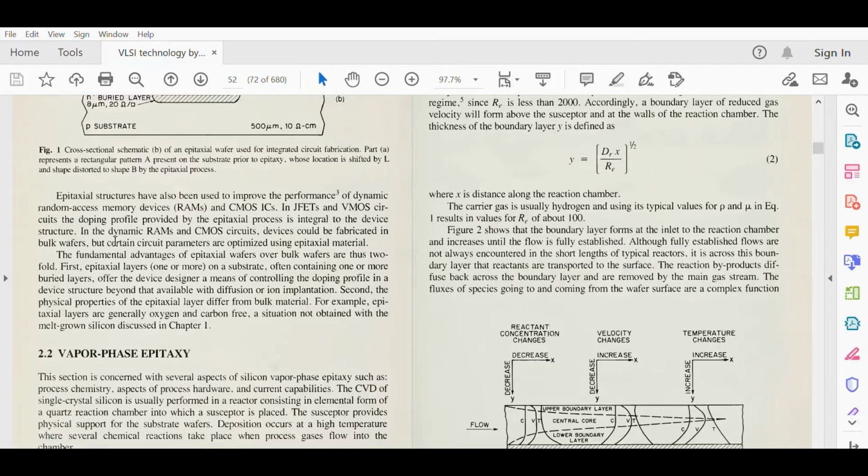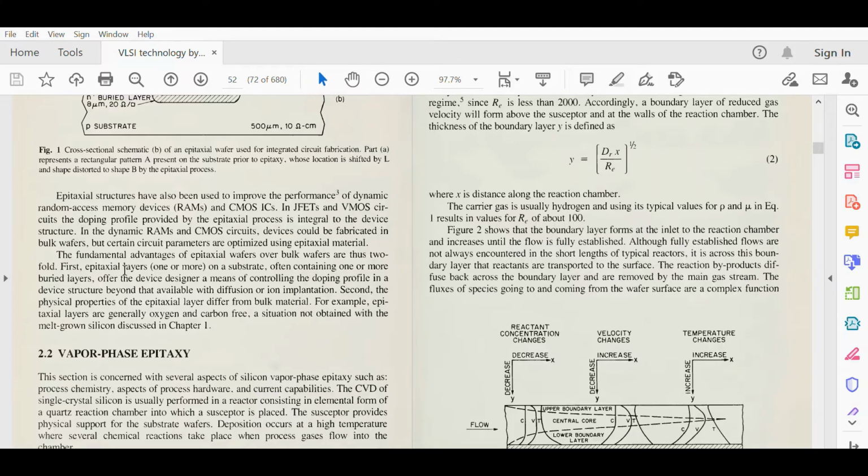So if I take epitaxial wafers, I need not optimize those, because they are already optimized using the epitaxial material. But if I take the bulk wafer, then I have to go for the optimization using the epitaxial process. So this is how things are. The explanation of the twofold advantages is given here.